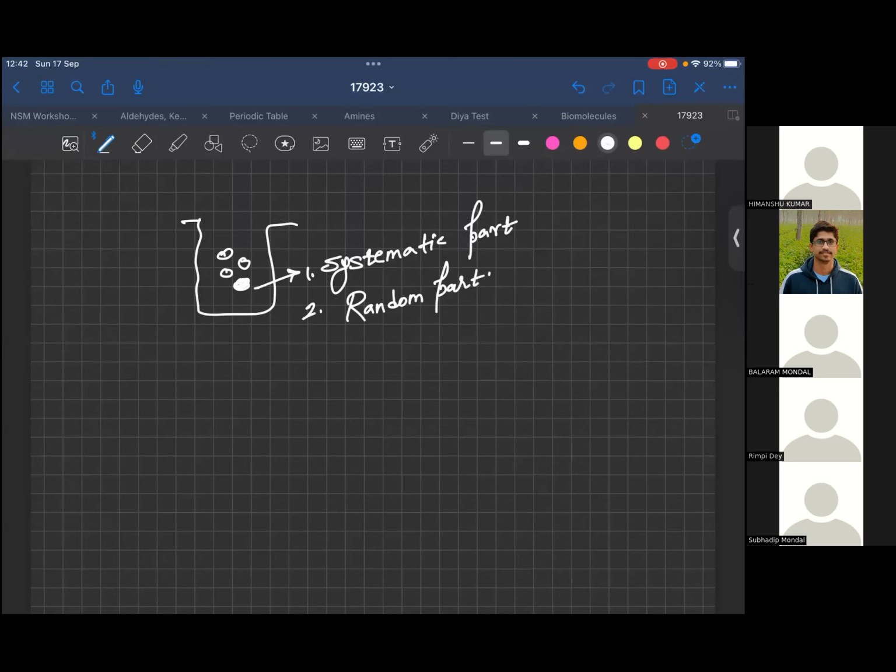Suppose we are applying some external field in our system, then our normal observation will be that the particles will get arranged here, and we'll get a response because of the external force that we have applied in our system.